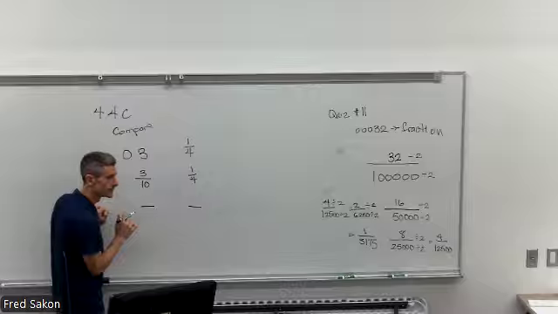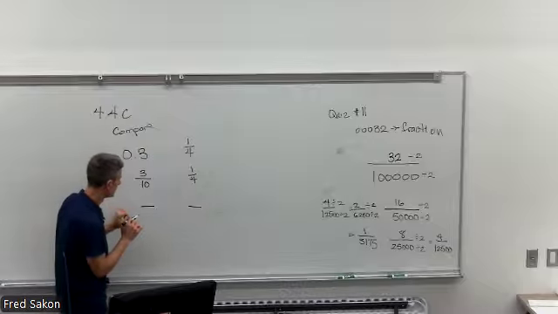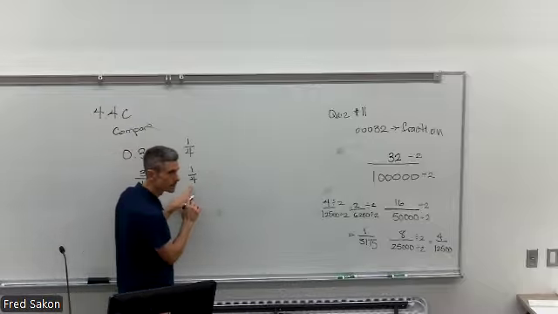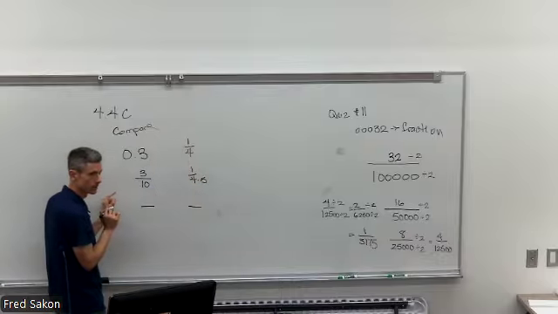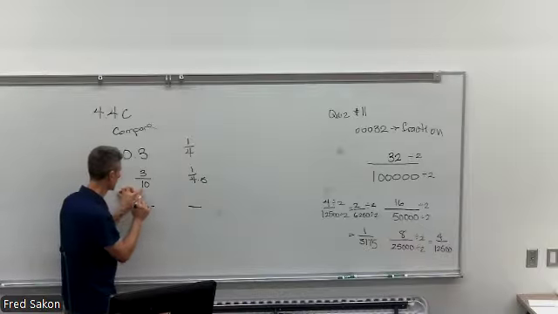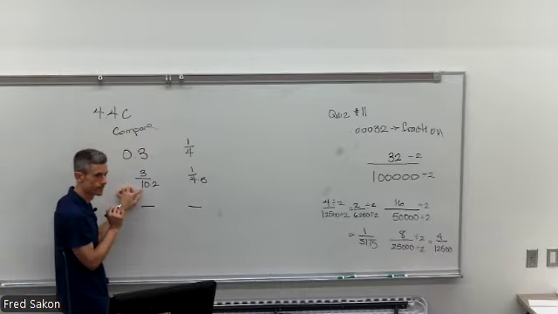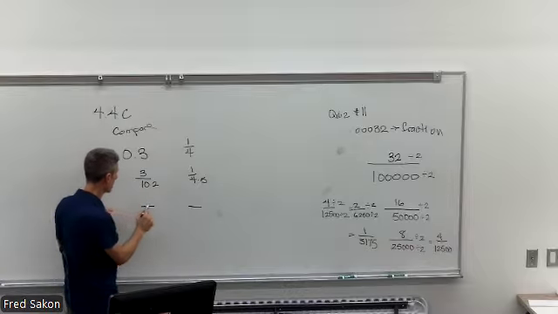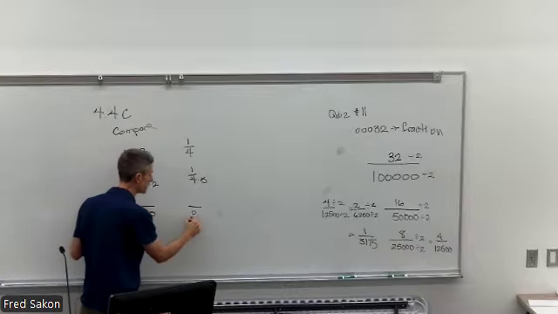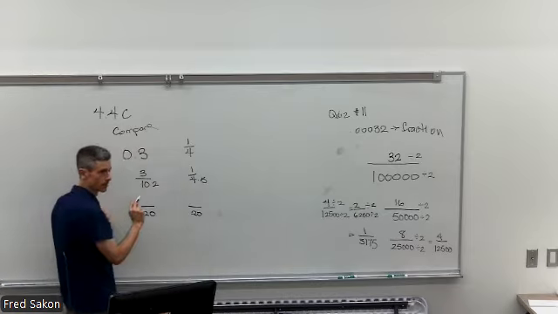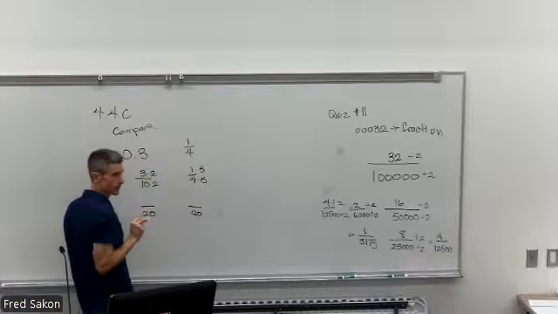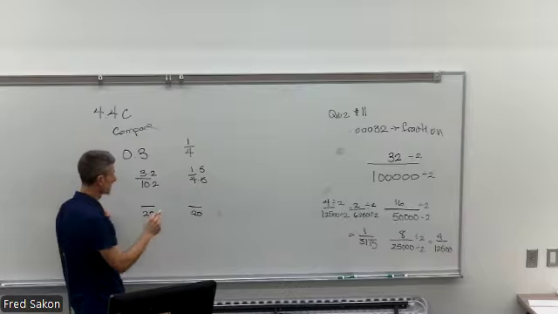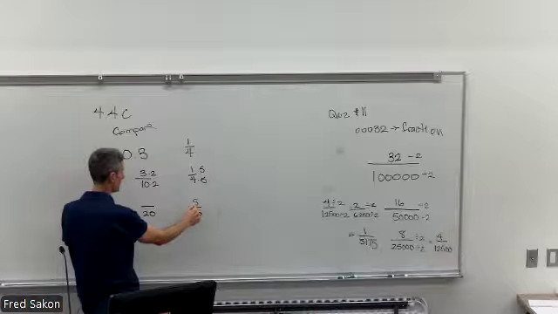Which one? 4 times 5. Okay. And 10 times 2, is that what I heard? I think that'll work because that gets both of them to 20. And then we would need to multiply the similar numbers on the top. 1 times 5 and 3 times 2.